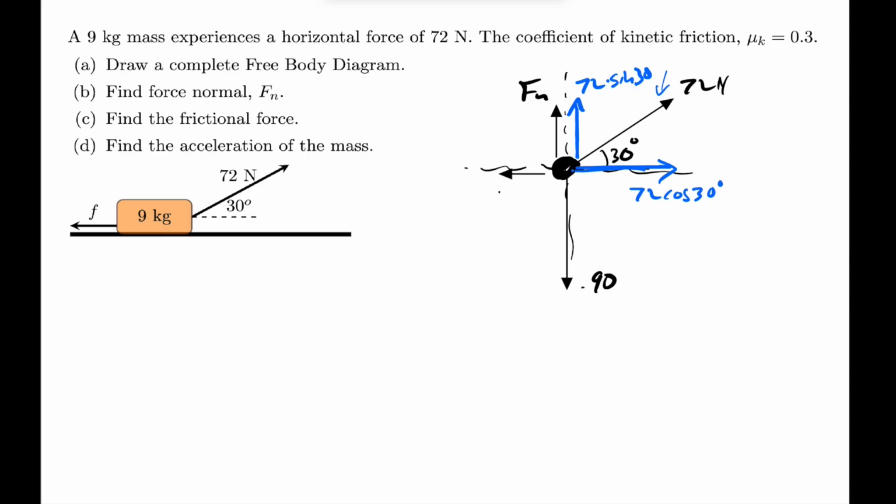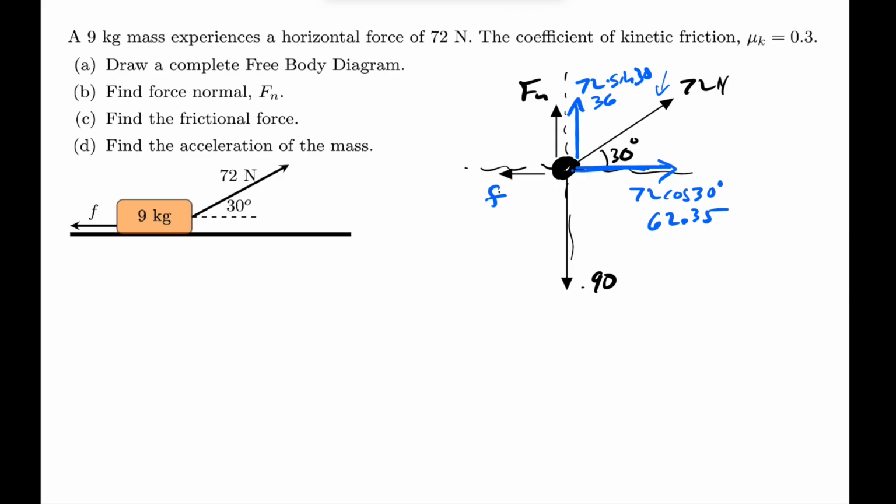Just as a quick note, we're really just looking at this right triangle when we break those vectors up. 72 cosine of 30 is equal to 62.35. And 72 sine of 30 is exactly equal to 36. And here's my frictional force.